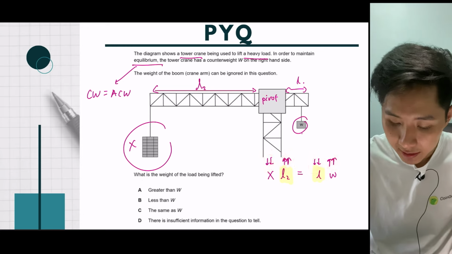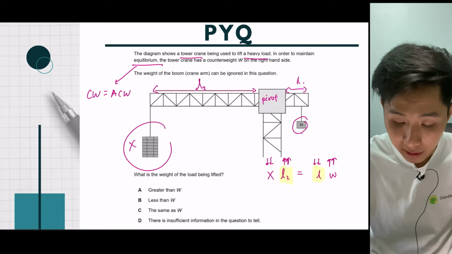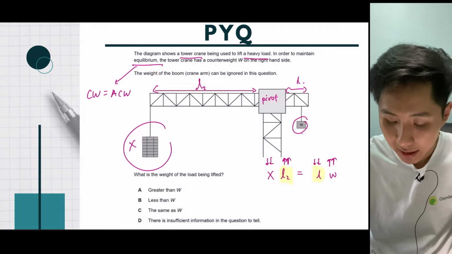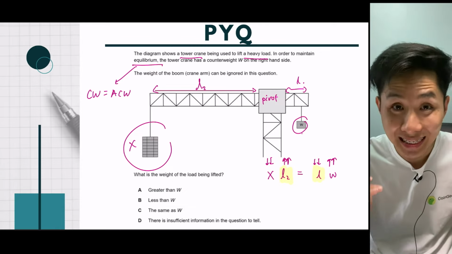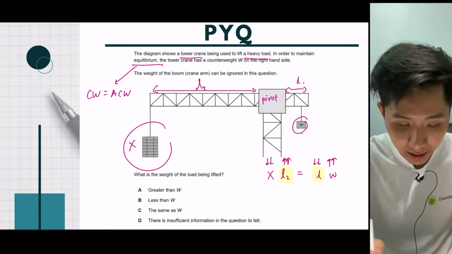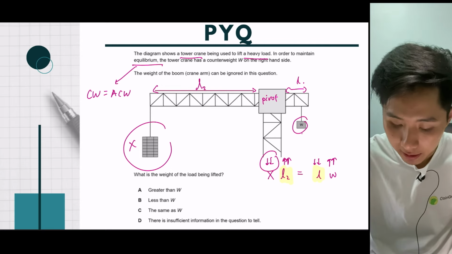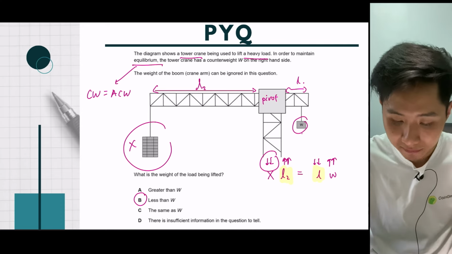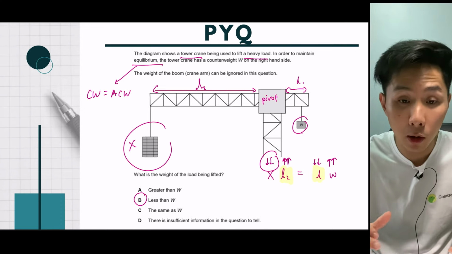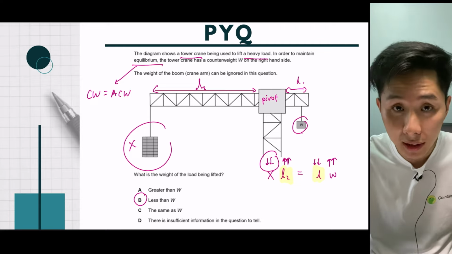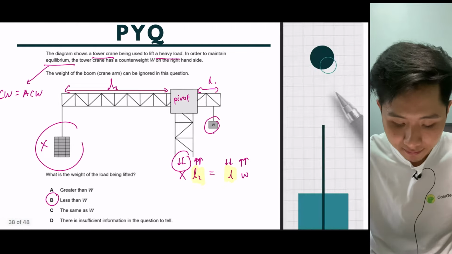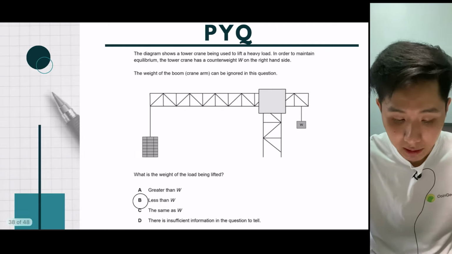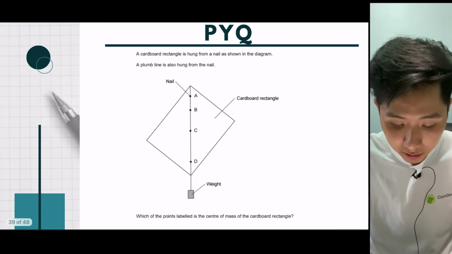So when they ask what is the weight of the load being lifted, X clearly has to be lighter than W. And that's how I come to the conclusion. So the answer should be B. Try to think a little bit more, just put in some hypothetical values. You should find out that this is true, and the answer should be B. Great. So let's move on to the next question.